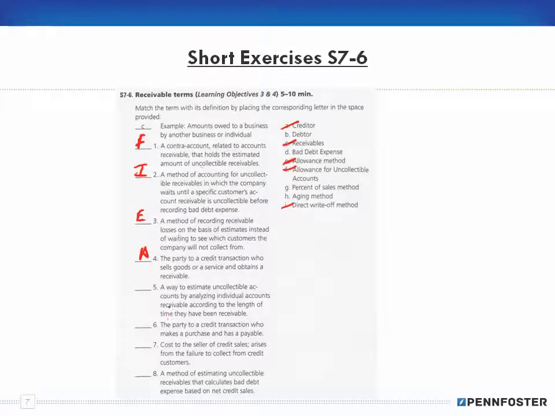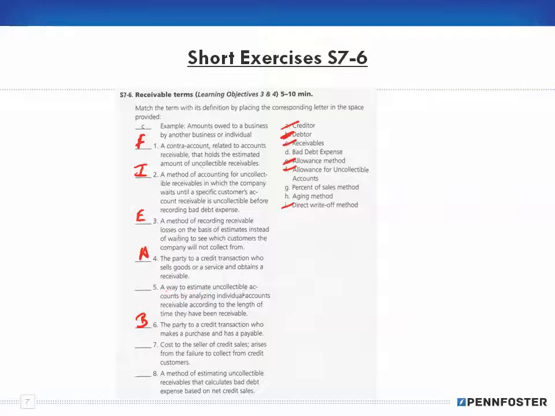And the person who is buying is the debtor. So the party to the credit transaction who makes a purchase and has a payable, that would be B, our debtor, the opposite side of the same coin, our accounts receivable versus our accounts payable.